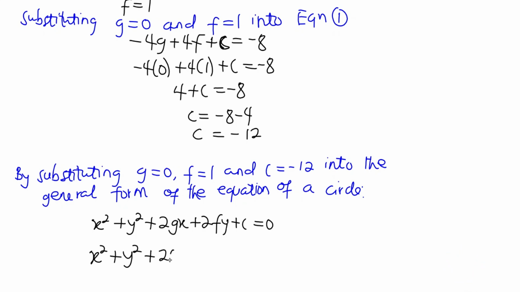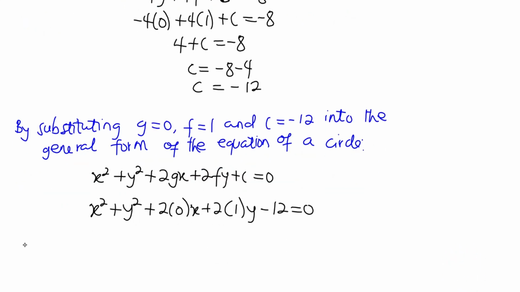Now our g value here is 0, so we bring our x plus 2, and then our f value here is 1. We have our y here, and then c is going to be negative 12, which means that we have x squared plus y squared, and 0 multiplied by 2 times x gives us 0. So there is no x term here, and what is left is y. So 2 times 1 gives us 2, multiplied by y gives us 2y, and we have minus 12 is equal to 0.